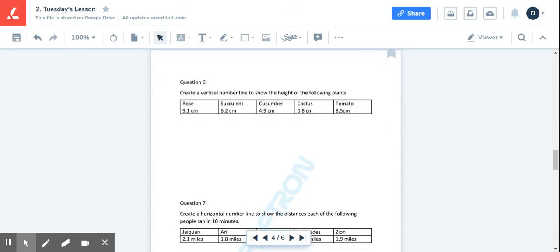Number 6, create a vertical number line to show the height of the following plants. So we're going to create a vertical number line, which we know is up and down.